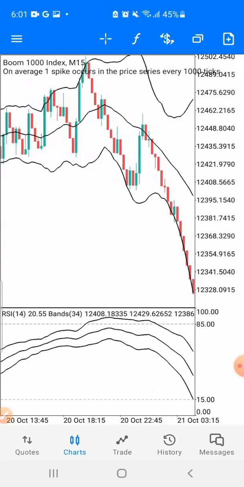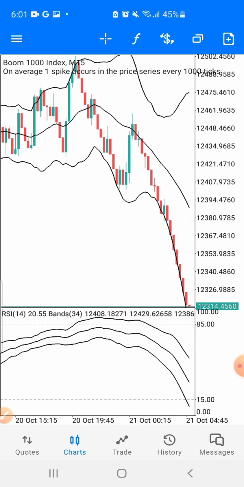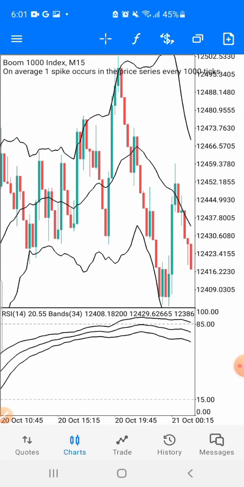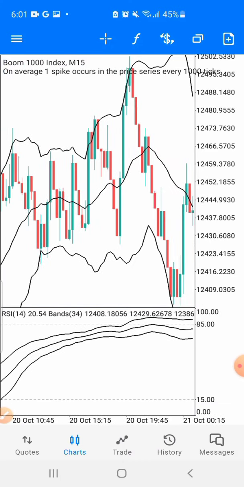So once you are here on the main chart, all you need to do is to pay close attention to the candlesticks. Now I'm using the 15 minutes time frame. You can use this strategy on 5 minutes, 15, 1 hour, 4 hours, and even daily. But I'm just using the 15 minutes time frame for the purpose of this video.